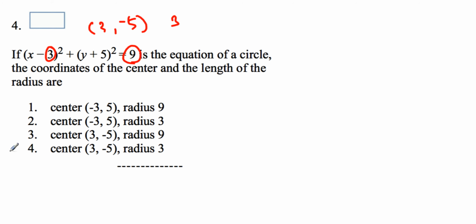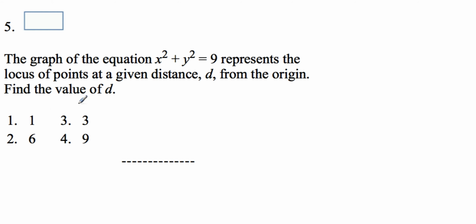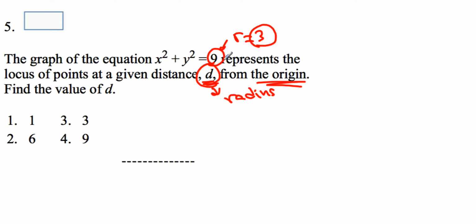So choice 4 becomes the answer. Number 5. If the graph of the equation represents the locus of points a given distance d from the origin, d in this case will be equal to radius. So therefore, we have 9. Then our radius becomes, in fact, 3, which is choice 3.